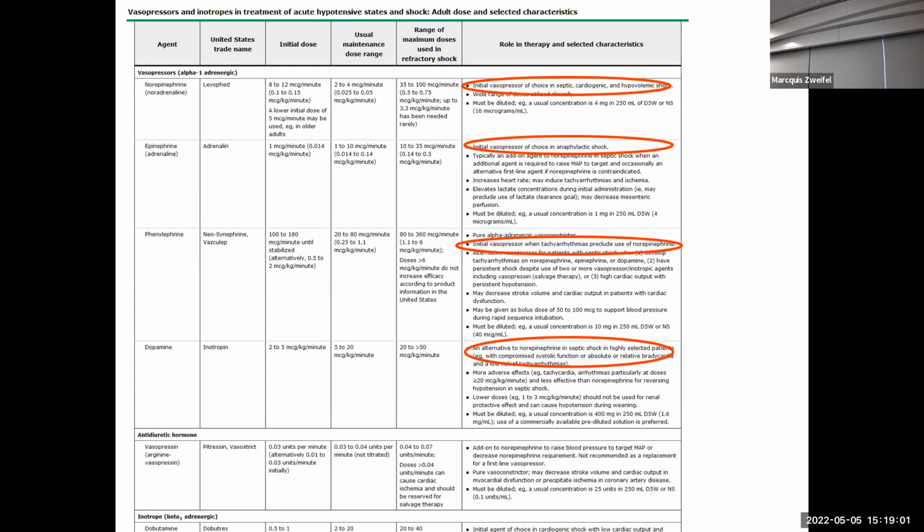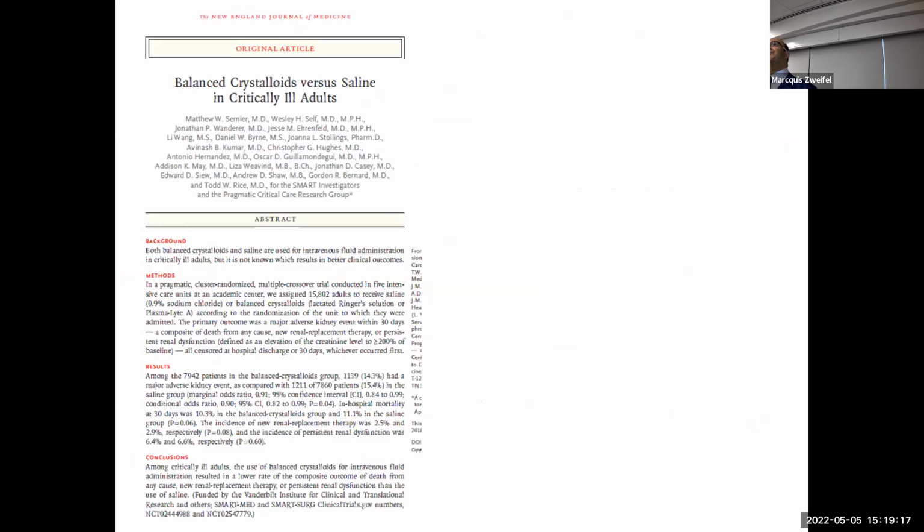So shock from bradycardia from drug overdose or so, beta blocker, calcium channel blocker. Dopamine and epinephrine are the ones that can increase your heart rate. So this is when to use them. Vasopressin is second to norepinephrine in septic shock.